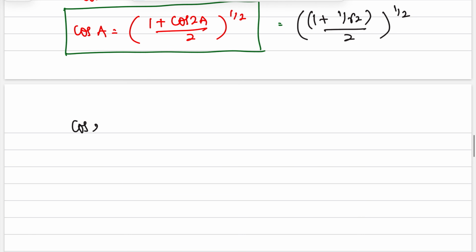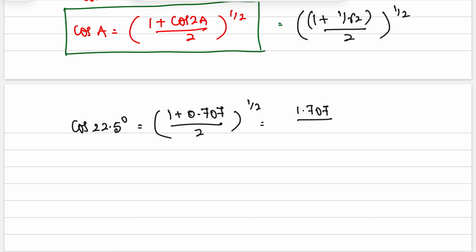Therefore, cos 22.5 degree is equal to 1 plus 0.707, because 1 by root 2, that is 1 by cos 45, we know is 0.707, divided by 2 to the power of half. 1.707 by 2 to the power of half.